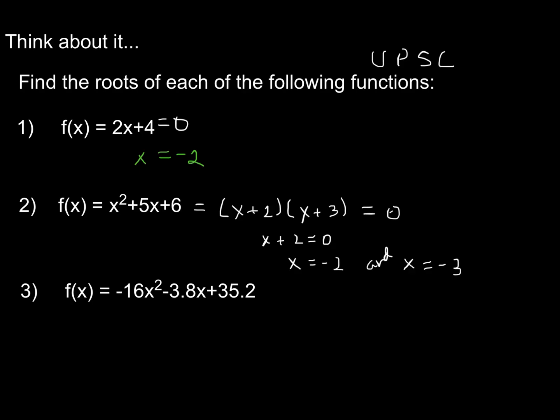Now moving on to the third one, we have another situation where we have a quadratic, but here this does not look like something I want to factor, right? What do I multiply to get 35.2? I mean, it looks really like a pain. So how can we apply some of the strategies we've used previously to try and find the x value that will make the whole thing equal to 0?